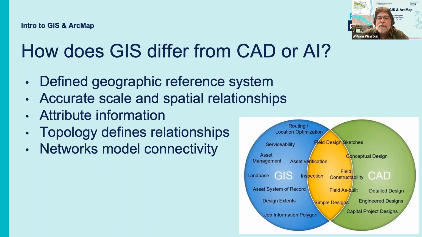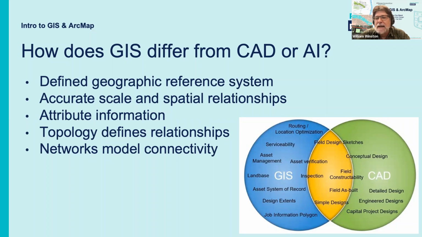And so when you're dealing with GIS data, it's easy to bring such information into an application and have it align properly because it's all based on these global coordinate systems that basically accurately reference a more inclusive coordinate system and allows for these things to be aligned properly. We also deal with an accurate scale and spatial relationships between features.